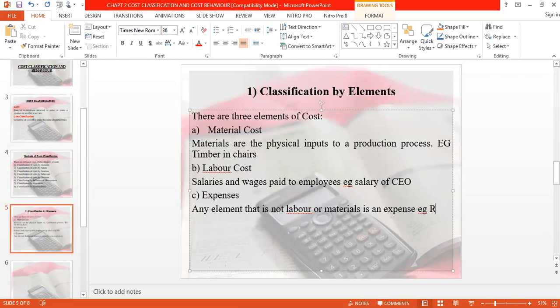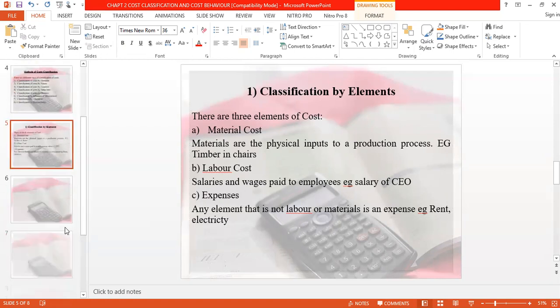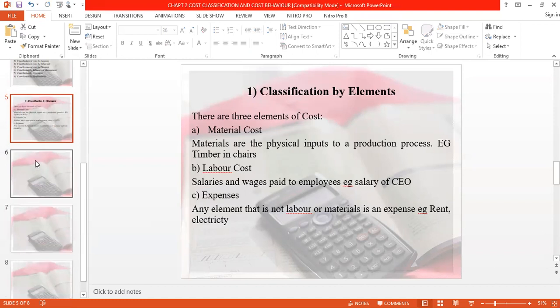For example, when you pay rent, rent is not classified as materials. Rent is not classified as labor. Therefore, rent costs will be an expense. Electricity. When you pay for electricity, it is not materials, it is not labor, and therefore what does it become? It becomes an expense. That is classification of cost by elements.